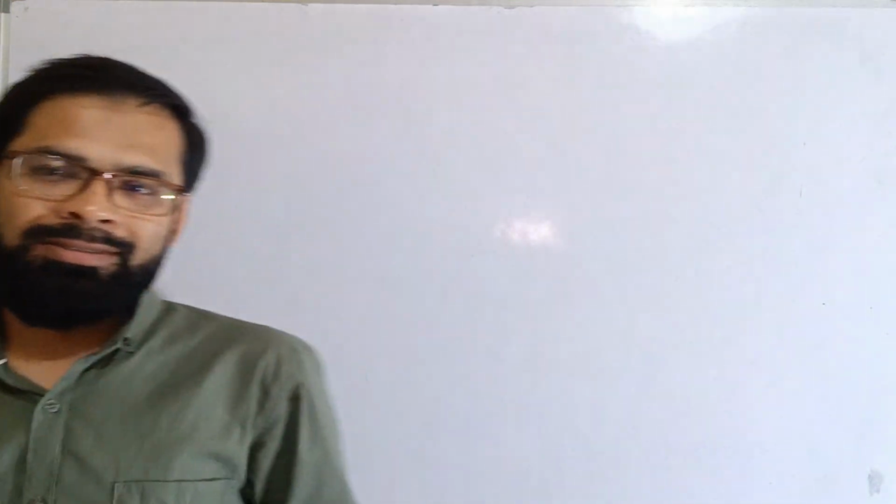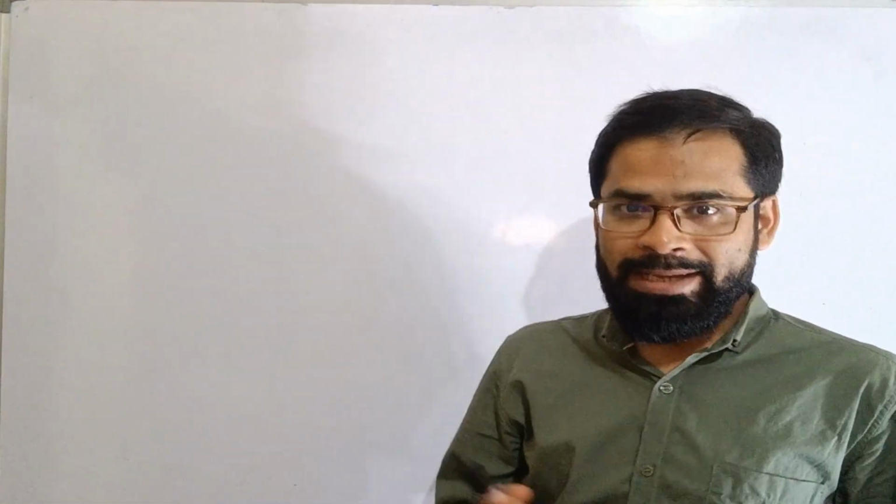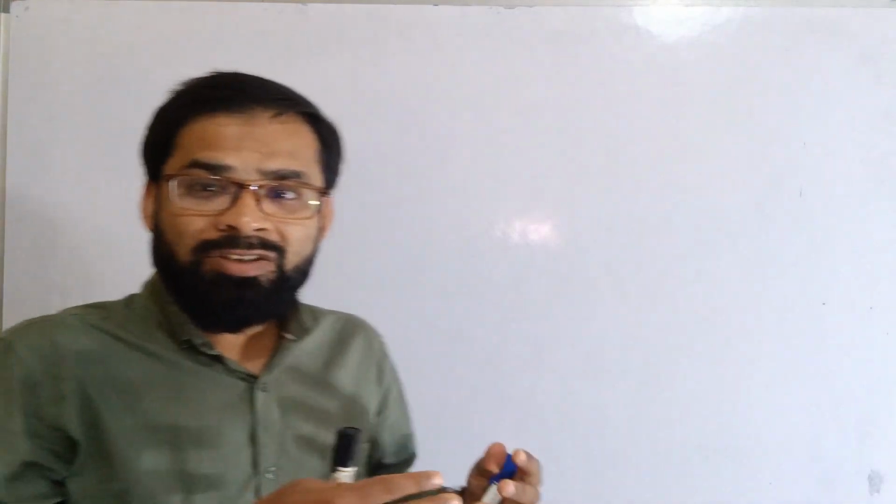In this lecture series, we already finished the nomenclature of alkane, alkene, and alkynes with cyclo also. Today, we are going to discuss the functional group, IUPAC nomenclature of functional group.